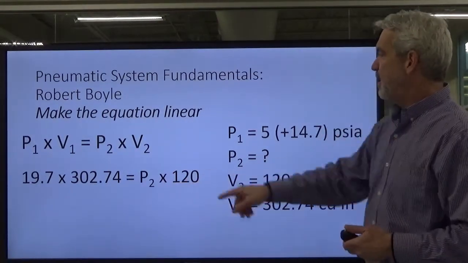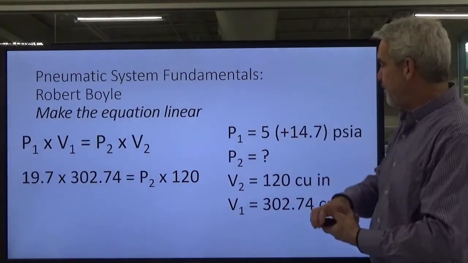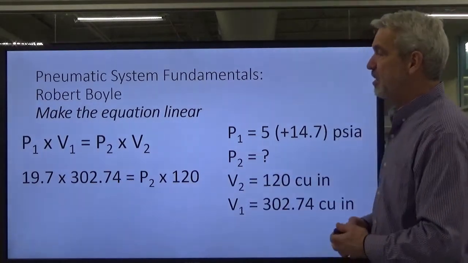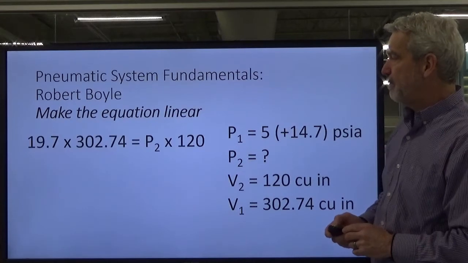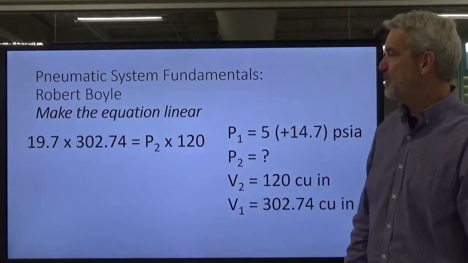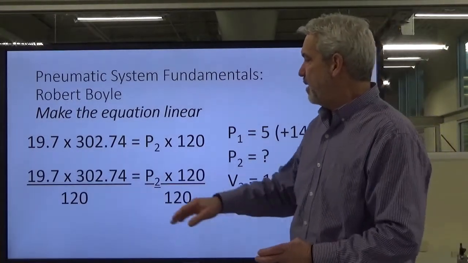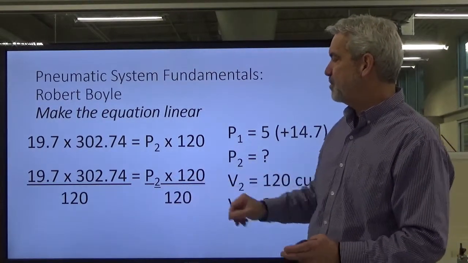But multiply that by V2, which is our ending volume, our second volume. The volume we're going to is 120 cubic inches. And then we just do the math from there, okay? So again, we're going to multiply 19.7 times 302.74, okay? And we're going to wind up with that equal to P2 times 120.